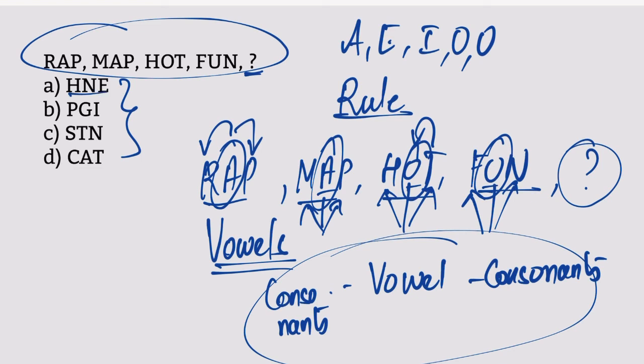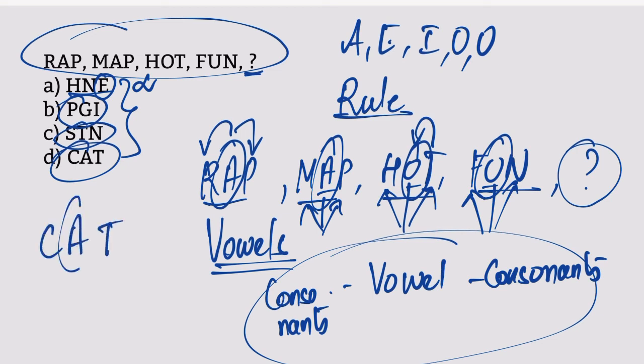If you look at the first option, HNE, the vowel is at the end. Initially we had two consonants and later we have one vowel, which obviously doesn't fit the bill. Same thing with PGI, the vowel is at the end. STN is completely ruled out because there is no vowel at all. And lastly we are left with CAT, wherein we have one vowel in the middle and two consonants on either side.